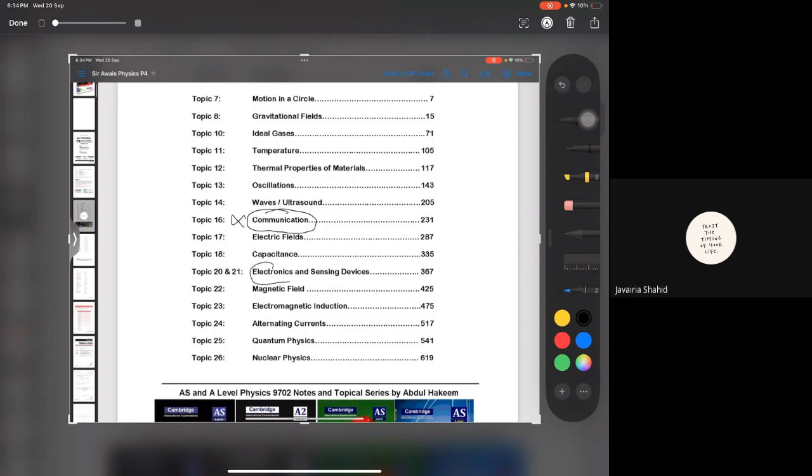Electronic and sensing devices are out of the syllabus. The rest of it you will have to do, but there are a few other things. MRI is out of the syllabus as well, so don't do that, please. Everything else is there, so you can do that. Okay, I think that's it.